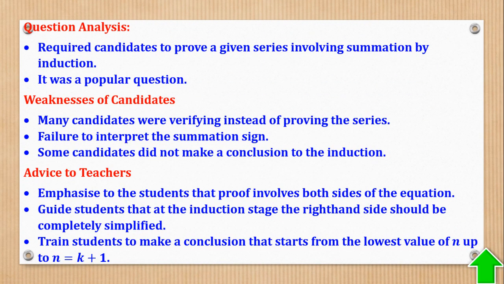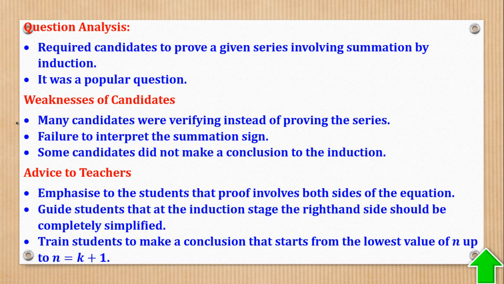So analysis of the question, like I told you, every year after marking UNEB writes a report highlighting the weakness of candidates. First, the question analysis, what the question required. Then 2, the weakness of candidates, what made them make mistakes and not get full marks.